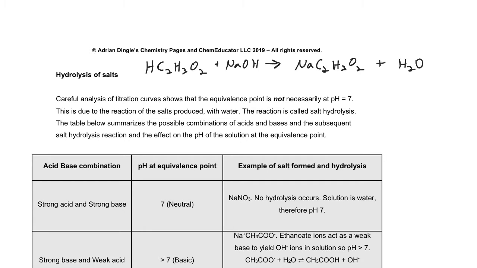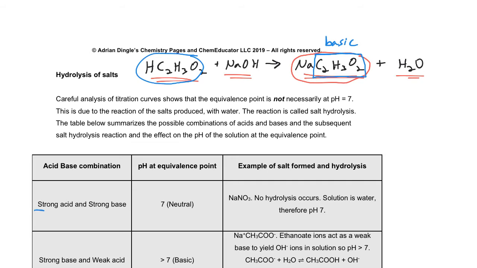This is the salt. Okay, when you have an acid and a base, it will produce salt and water. And NaC2H3O2 is a salt, and this salt is a basic salt because this part of it right here is the conjugate base of this acid, acetic acid. Okay, so that would be a basic salt.